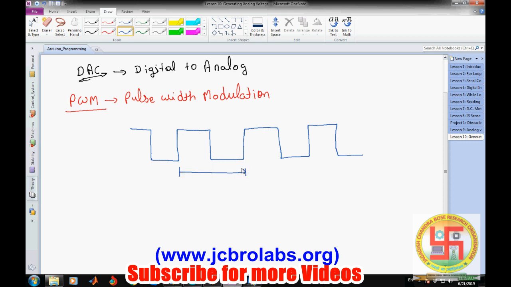This is the complete time period, T, which is equal to 1 divided by the frequency of the pulse. And now there are two time periods. This is the T on, the duration for which this pulse is on, and this time period is the T off. So this capital T is equal to T on plus T off.